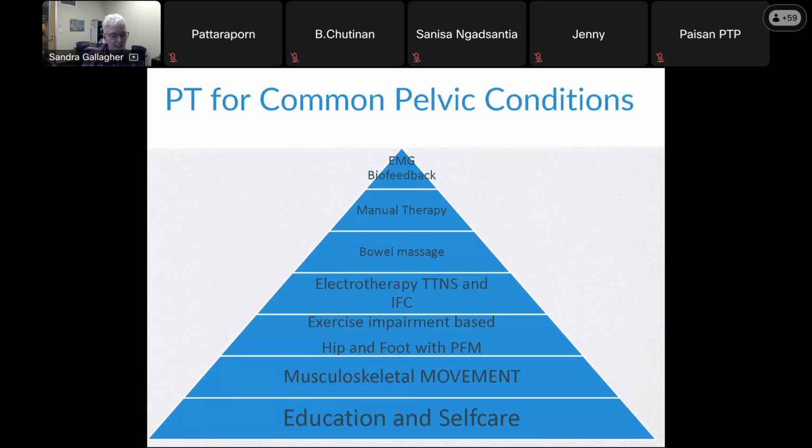Remember, education and self-care should be the foundation of your treatment. There's a lot you can do with musculoskeletal and movement strategies. You can teach them bowel massage that is really easily integrated into a home program. And you have some electrotherapy modalities that are inexpensive and can be applied.